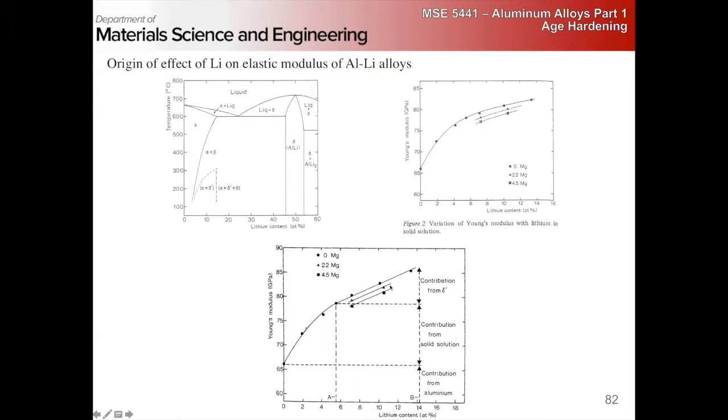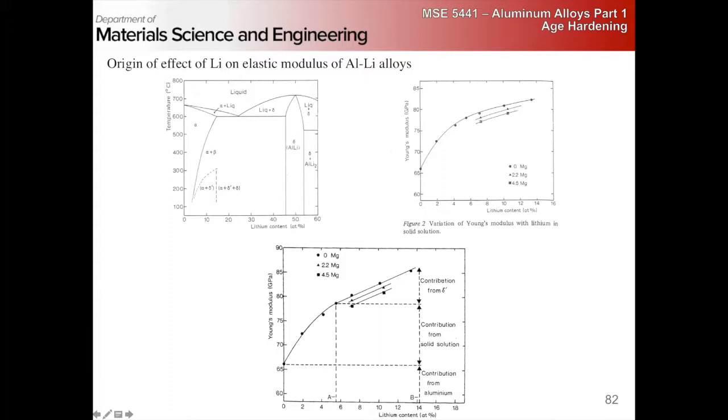When I say it increases the modulus, I mean the effective stiffness of the sample, because there's nothing I can really do to change the bond stiffness between aluminum and aluminum. But in a composite, I can change the effective stiffness by putting in phases or particles or other types of reinforcement.